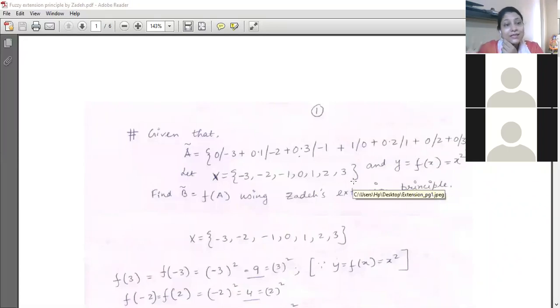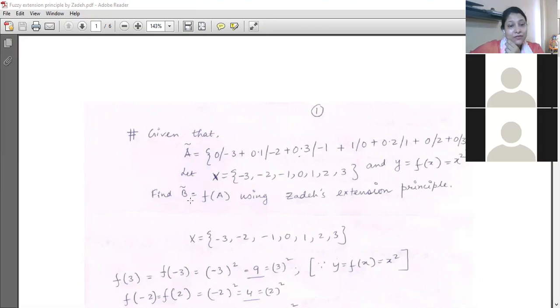And the second thing given to your problem is the mathematical expression, which is basically the relationship between the linguistic variables small x and small y, of fuzzy set A and fuzzy set B.